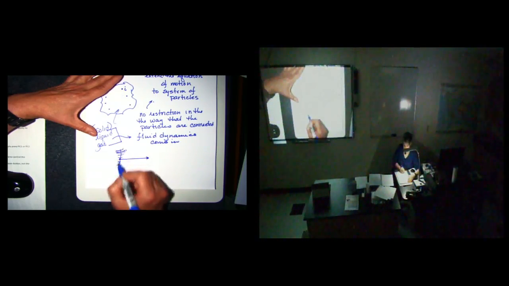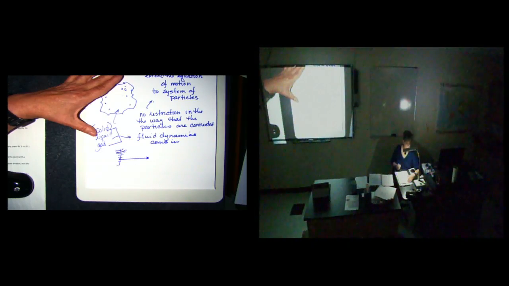So what we are looking at when we do this system here, we're looking at internal forces.